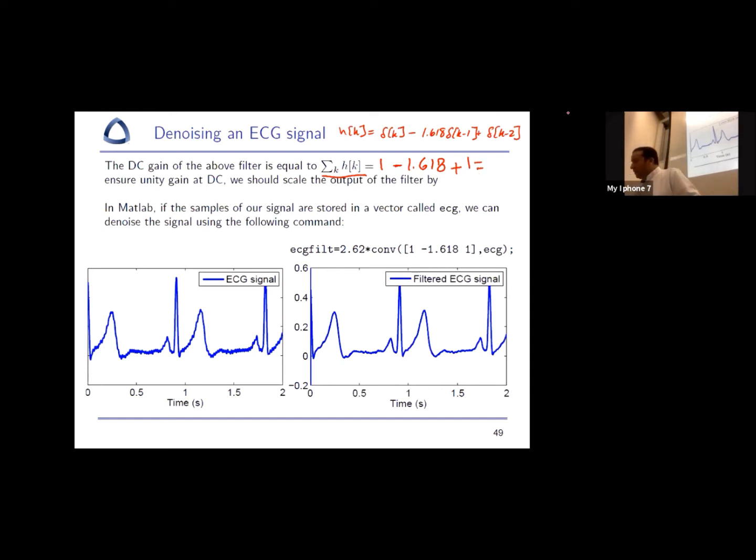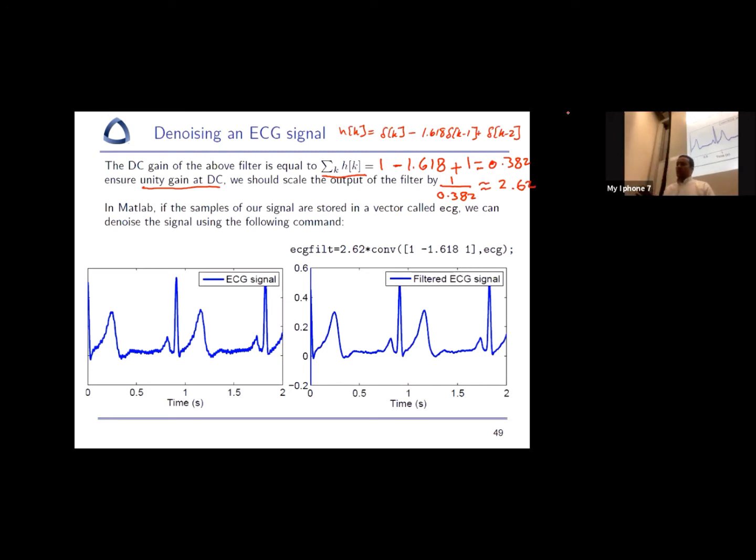If you add this, 1 minus 1.618 plus 1, that gives you 0.382. So we need to divide by this number to get a unity gain at the DC. If you use the calculator for that, that's about 2.62.